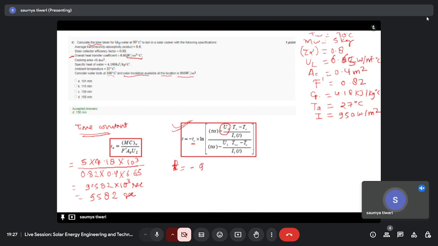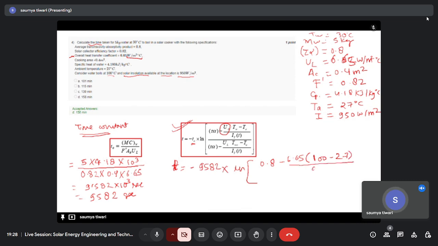So it's 9582, this is the time constant, into ln. Tau alpha is your 0.8, overall heat loss coefficient is 6.65, then your temperature of water and ambient is your 27, right?